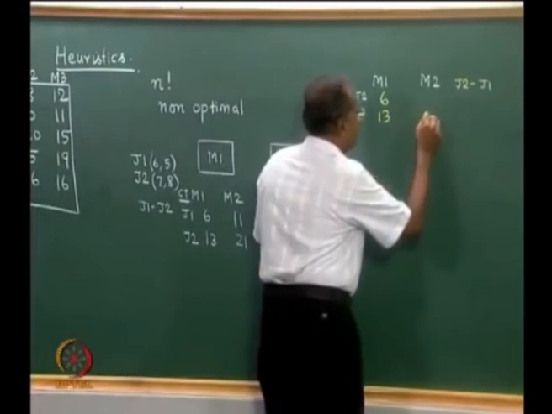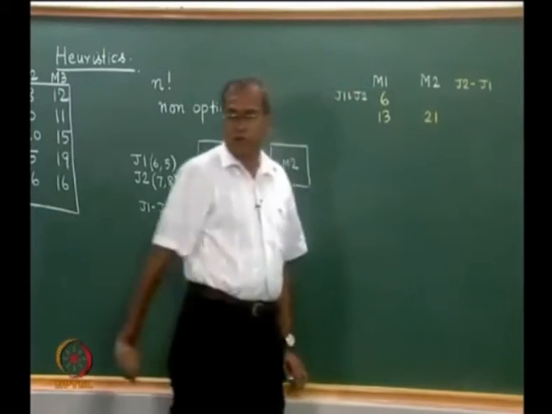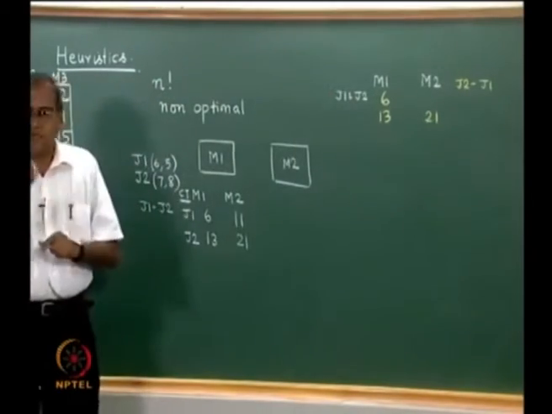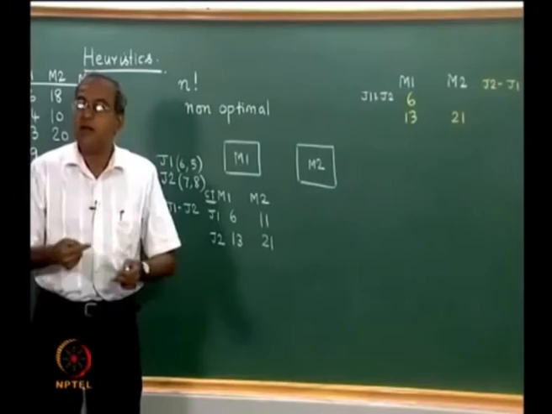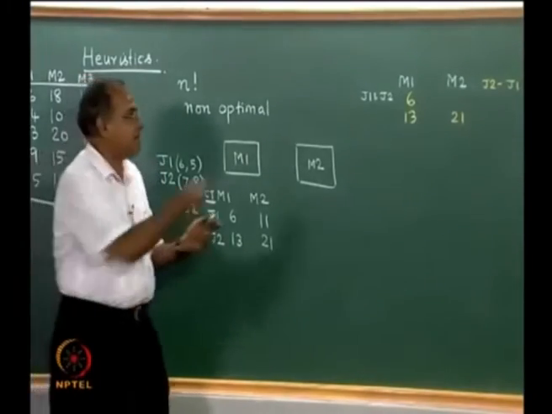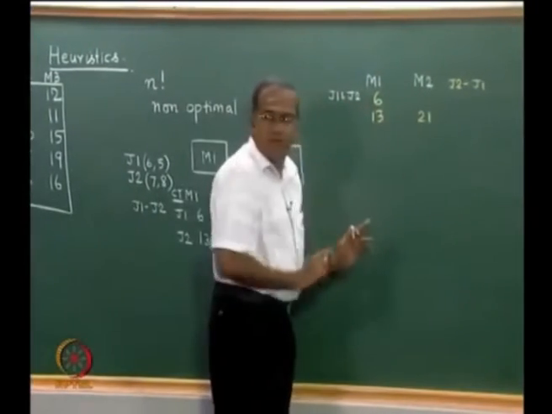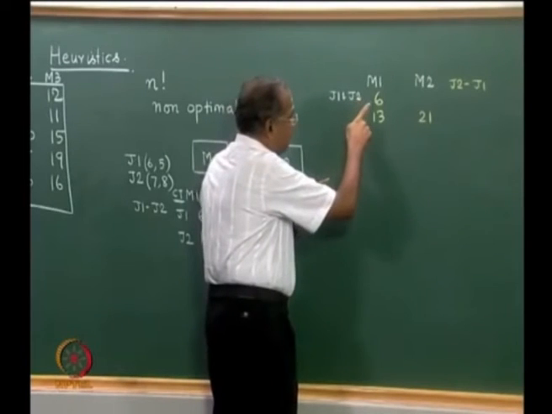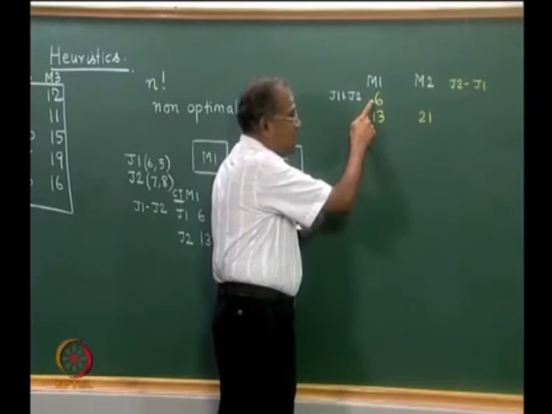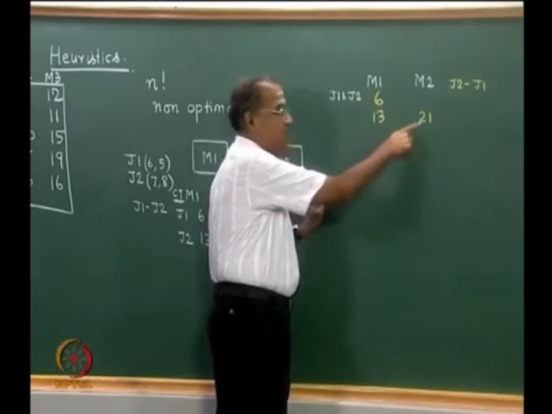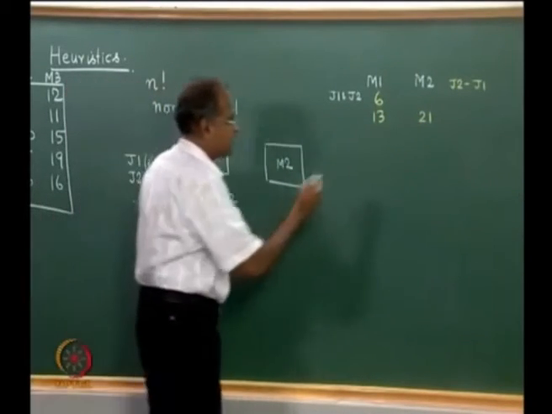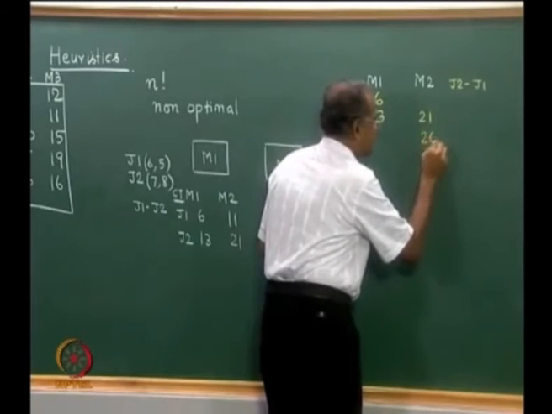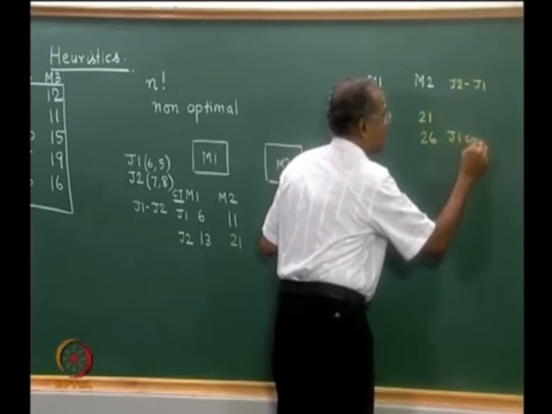At 21 J2 comes out. Since the sequence on M2 is J2 followed by J1, J1 can enter M2 only after J2 is completed. So J1, even though it is completed on M1 at 6, will wait till 21, then take another 5 units, and at 26 J1 comes out.